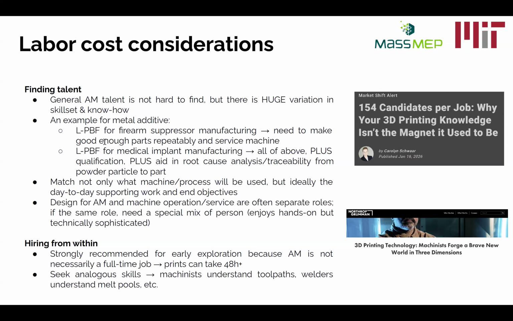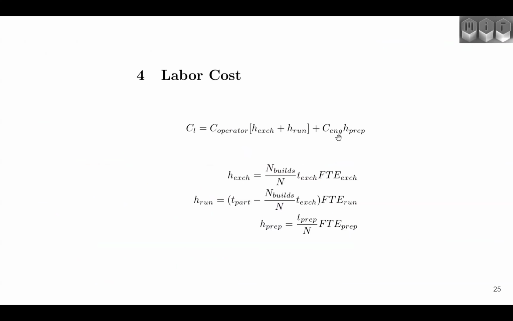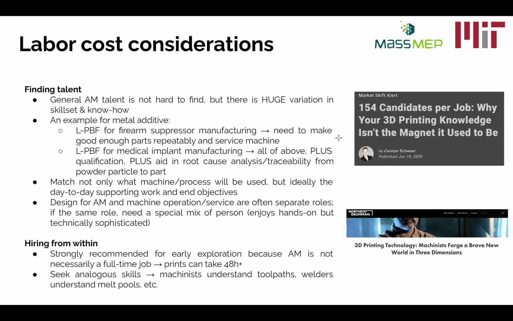The other thing you want to think about, and we break it out in our model, going back to the slide, you see we have the cost of an operator and the cost of an engineer. It is often the case that design for additive, so designing the geometry, designing the production process, so the parameter development, like the feeds and speeds, to use a machining term, what those are in the additive context, and the person that services the machine, those might be three different people.